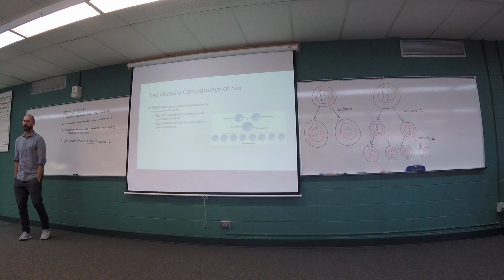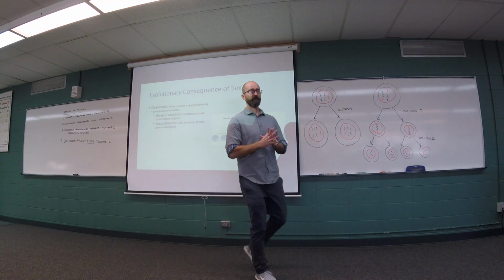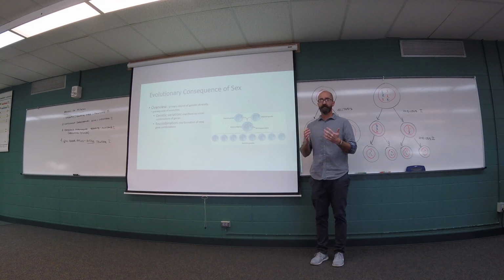Okay, so we need to talk a little bit about sexual reproduction in the context of evolution, because this is its primary importance. We talked a little bit about the relative benefits of sexual reproduction and asexual reproduction last time.